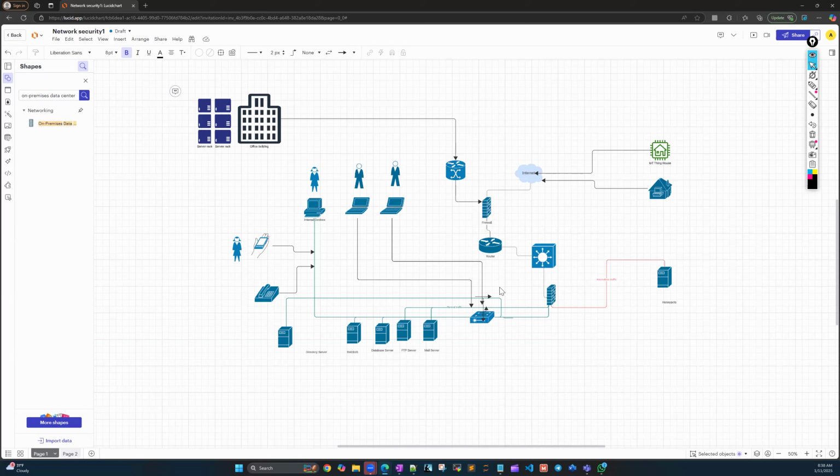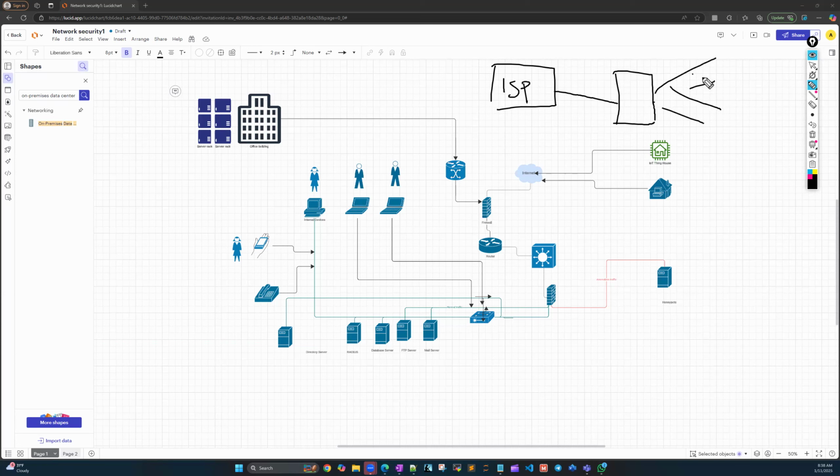It's different from our home network. We shouldn't join them together. If you look at your network at home now, you have a modem from one ISP, and this is the Wi-Fi to your home.